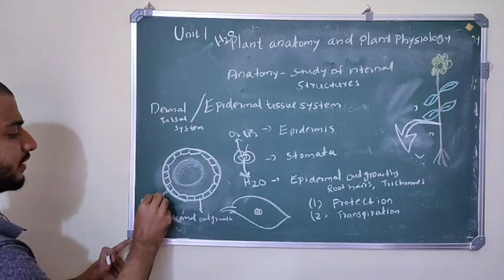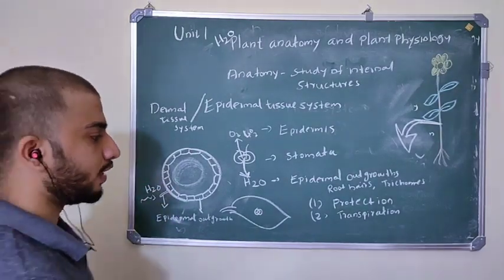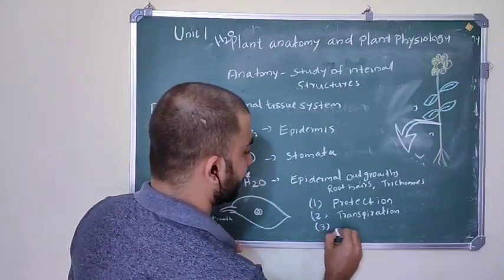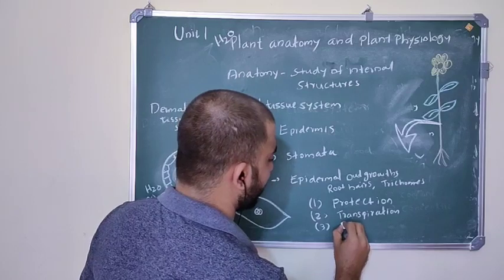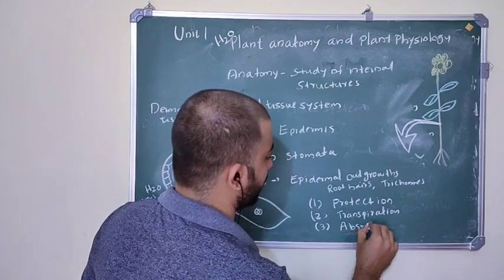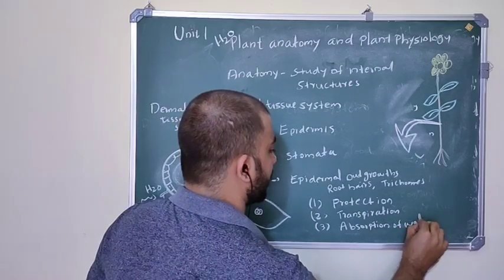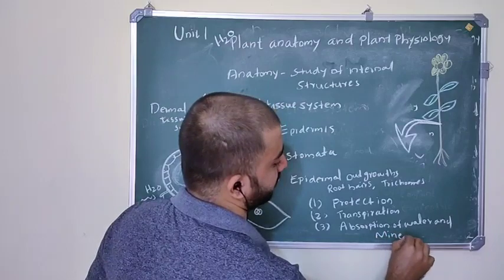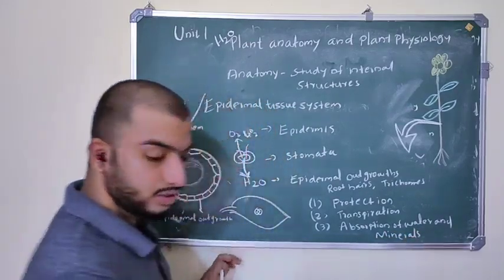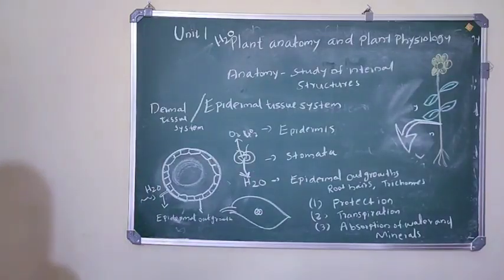Root hairs, or epidermal outgrowths, help in the absorption of water and minerals. Okay, so these are the functions of the different epidermal components.